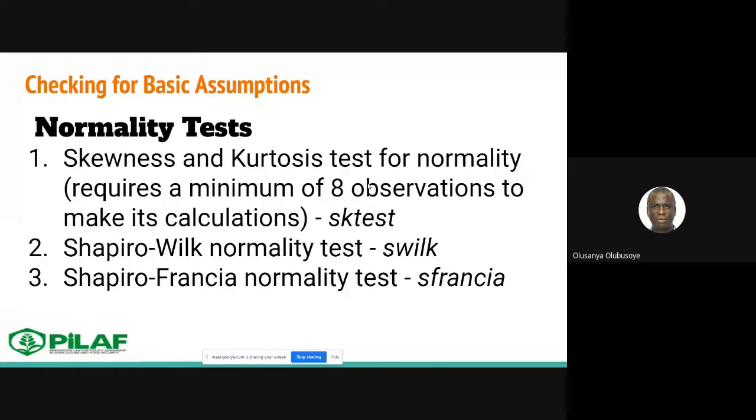The first one is the skewness and kurtosis test. This test requires that you have a minimum of 8 observations for the test to run its calculations. So we will use it, and then the Shapiro-Wilk normality test, and the Shapiro-Francia normality test. So these 3 tests are available for use in Stata.